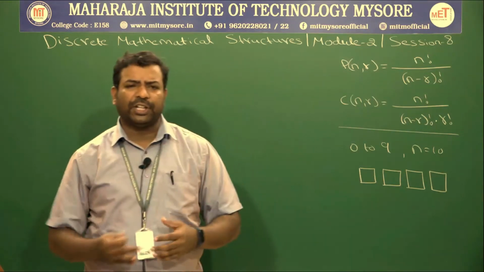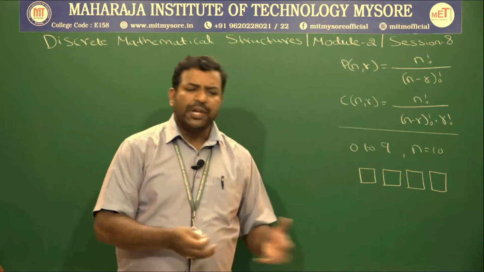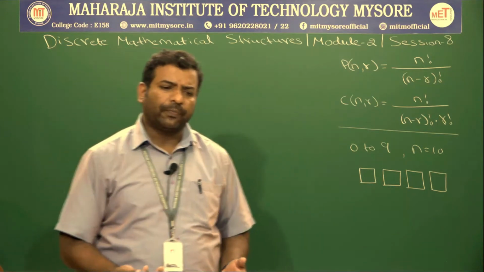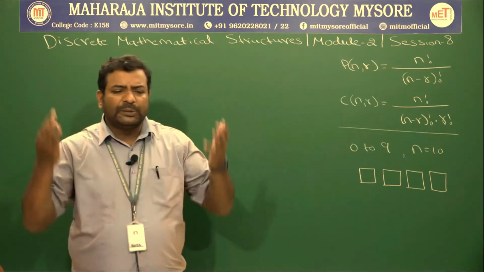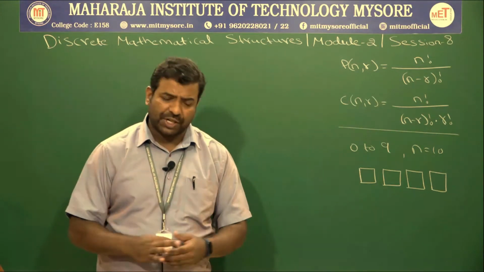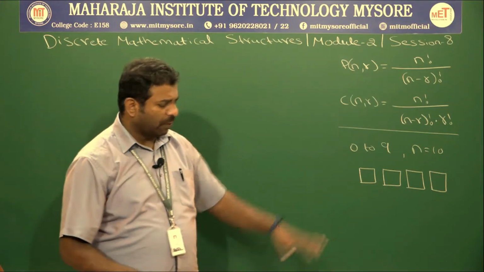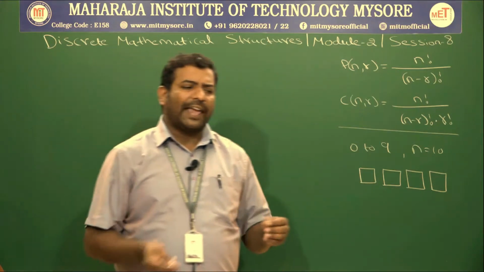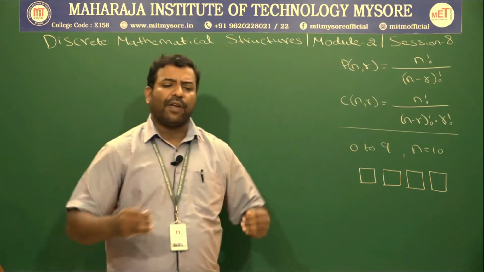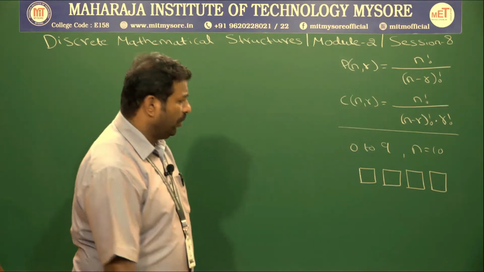But permutation gives a large number of ways compared to combination, which will take a large amount of time to crack the code. So I should be smart enough to think about whether to use combination or permutation. Permutation is going to solve the problem. The only reason I'm thinking about combination is to see whether I can reduce the number of ways or not. That's the important point to note here.